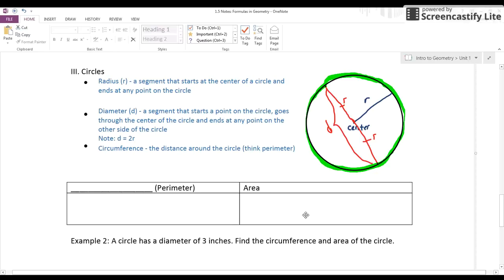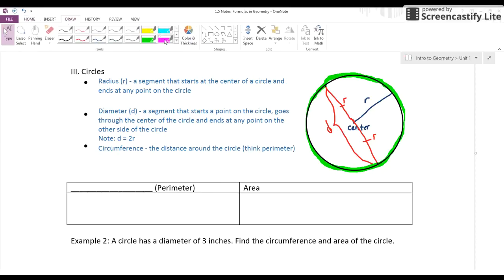Okay, so now that we've talked about the key points of your circle, let's go ahead and look at our formulas. So we have, again, 2 concepts, basically perimeter and area, but here instead of perimeter, we're calling the distance around a circle the circumference. I'm writing very neat, so hopefully you guys can read what I'm writing.